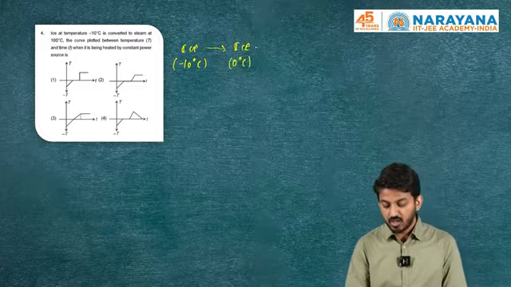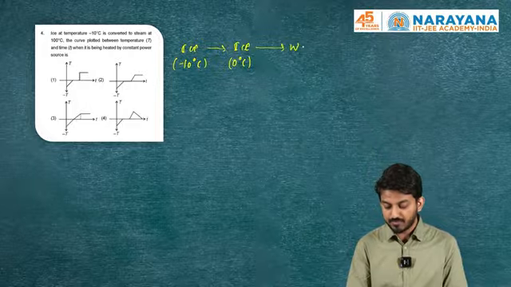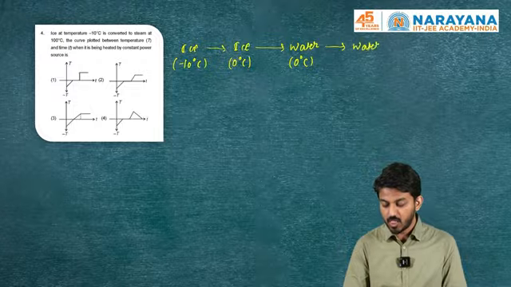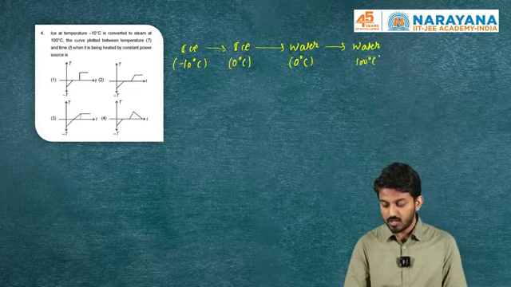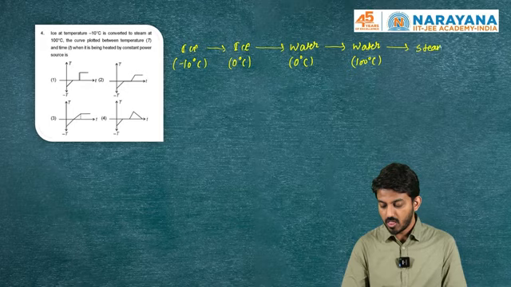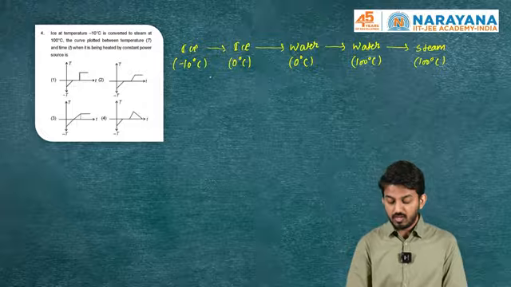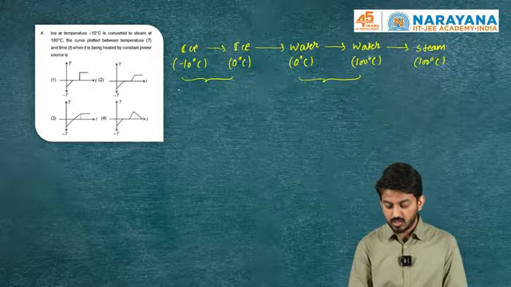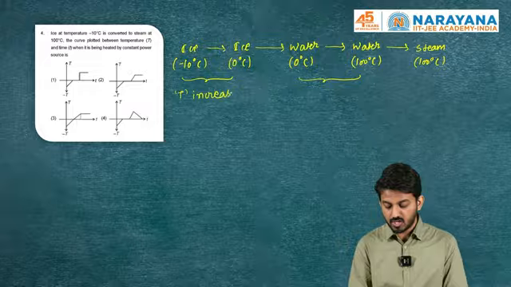If we heat further, it will convert to water at 0 degrees Celsius, and thus further if we go heating, it becomes water at 100 degrees Celsius, and then it converts to steam at 100 degrees Celsius. So notice that in this part, temperature changes, or increases.